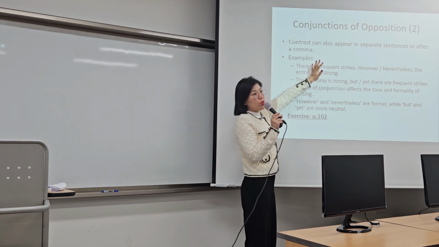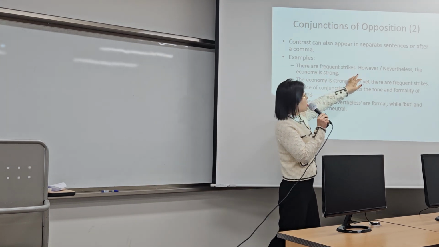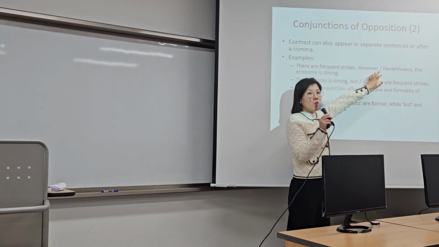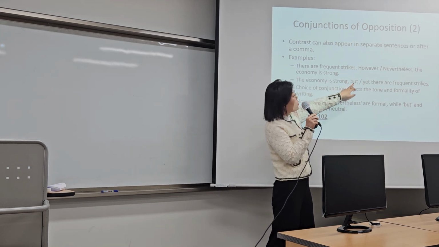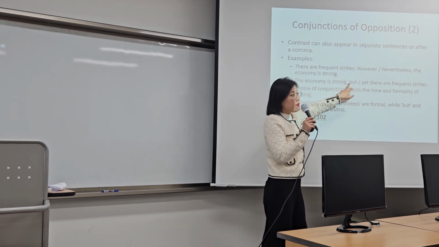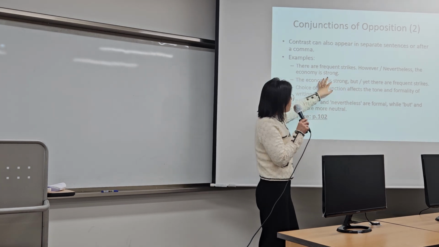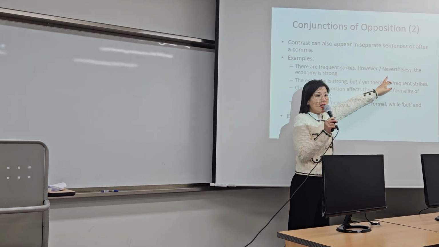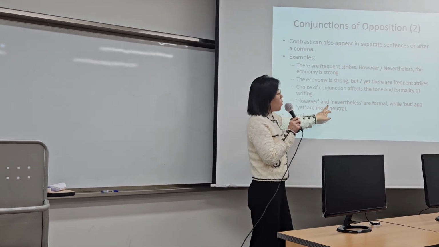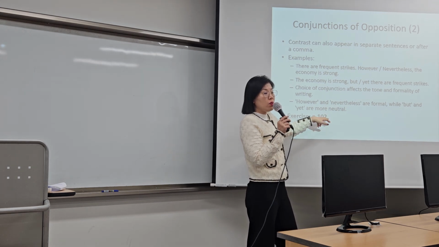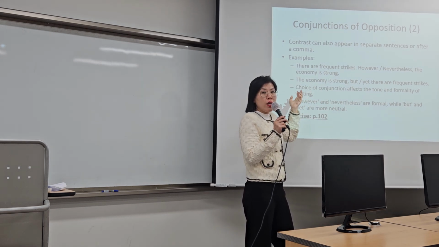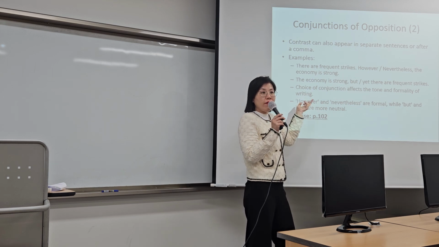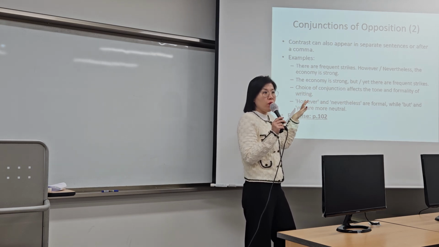When you use however or nevertheless, use a comma afterwards. When you use but or yet, you use a comma before. If you want to be very formal, use however or nevertheless. If you want to be more casual, use but or yet.